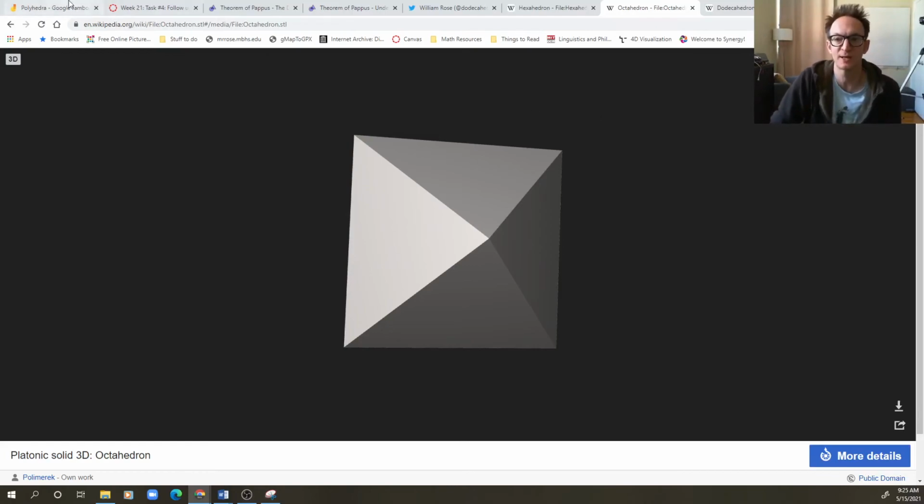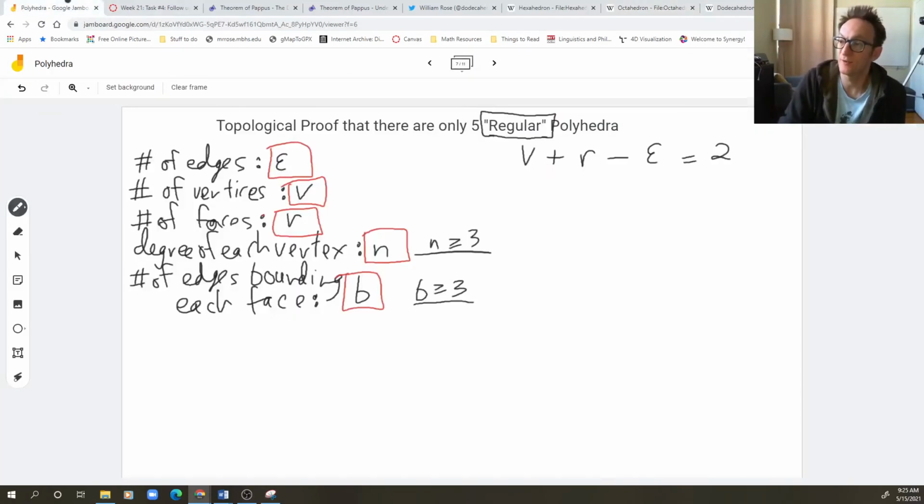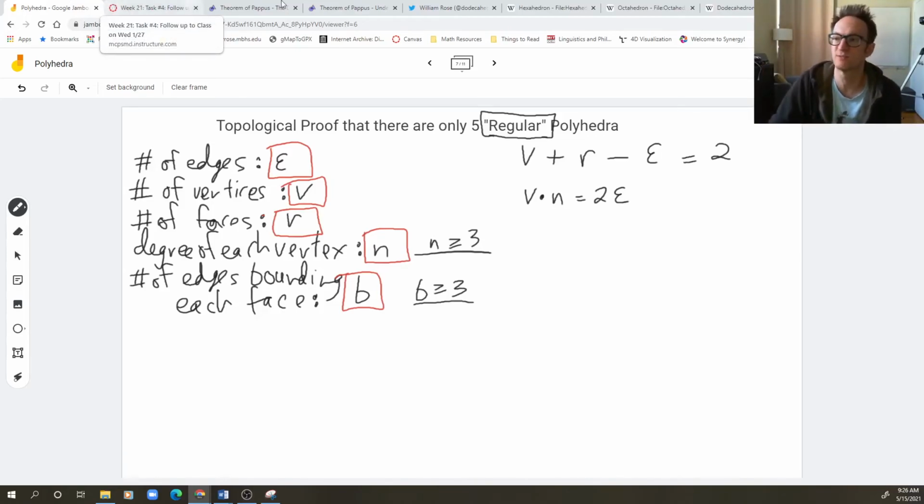This is just handshake. Okay, and therefore, the number of vertices v times the degree at each vertex, the number of edges incident with that vertex, is twice the number of edges. Exactly what we did in class, just a little more slowly and with this beautiful animation.